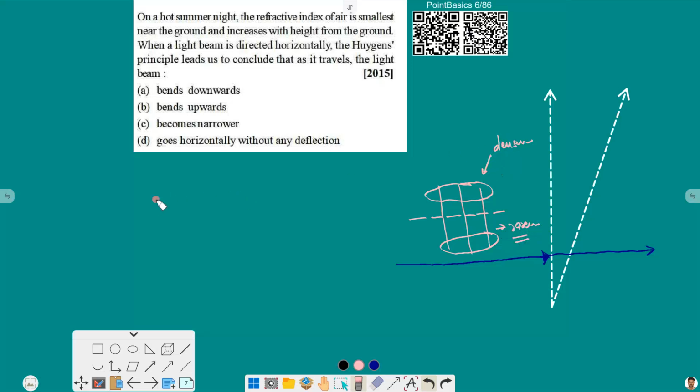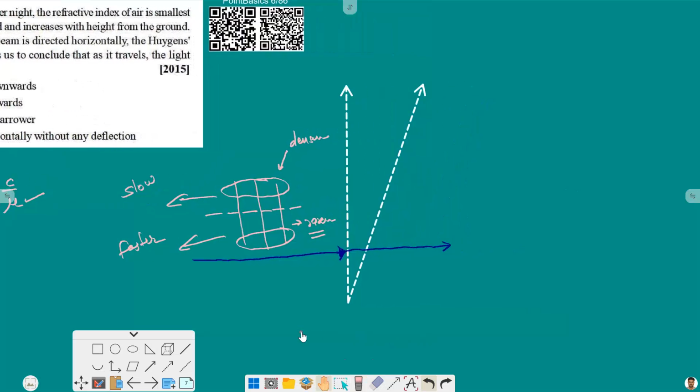And we know that the velocity of light inside a medium is given by c by mu. Now for the denser part, mu is greater, so velocity will be less. So the upper part will be traveling slower and the lower part will be traveling faster. So what will happen? Our wavefront will bend, and it will become like this.